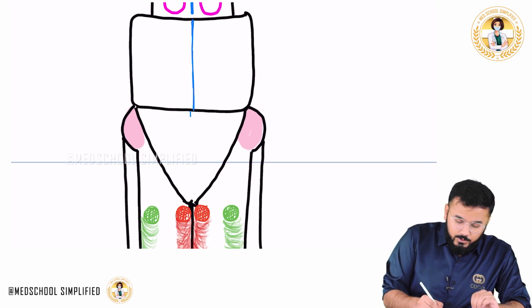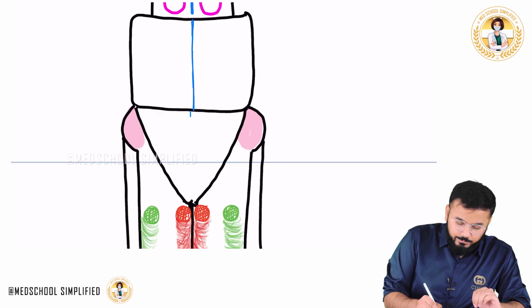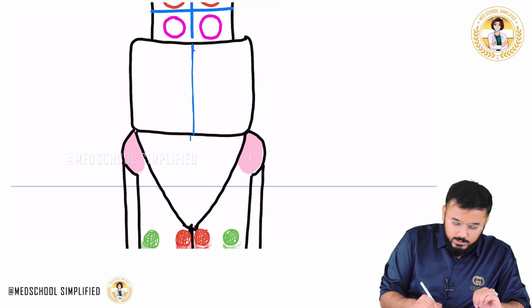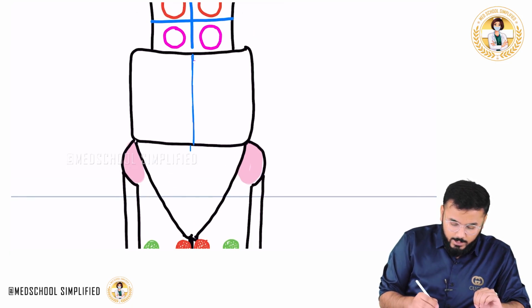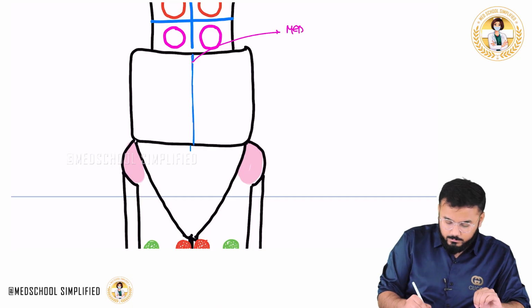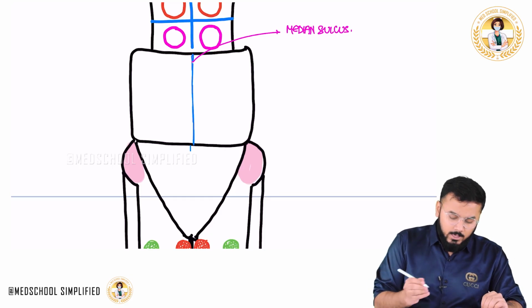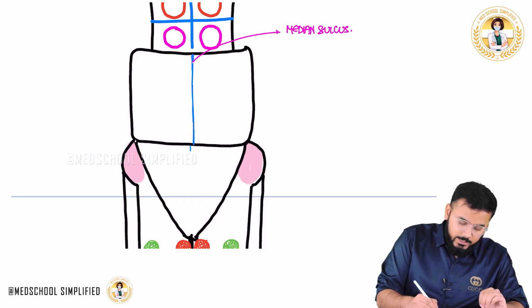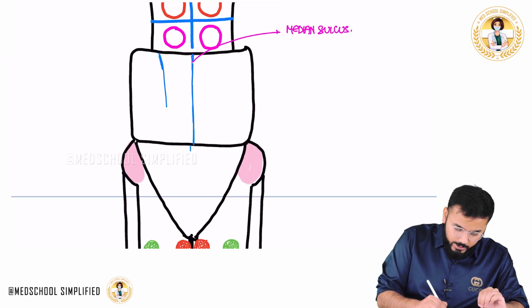Okay, now let me just name this part. This line over here is called your median sulcus. Now on either side of the median sulcus, there are two more important lines which you can see.